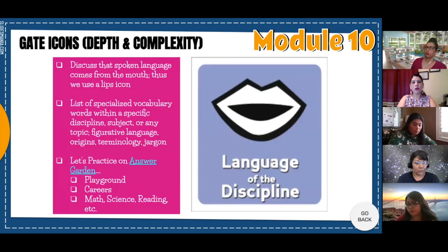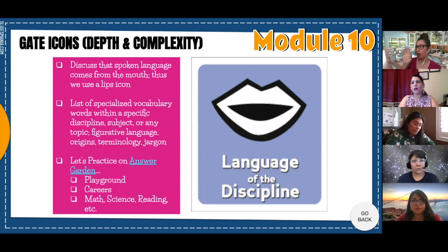Okay, so language of the disciplines. This is used to discuss spoken language that is specific to a certain discipline. Like earlier, we were talking about healthcare. And so there's a lot of specific words that you can think of that are not just general terms.